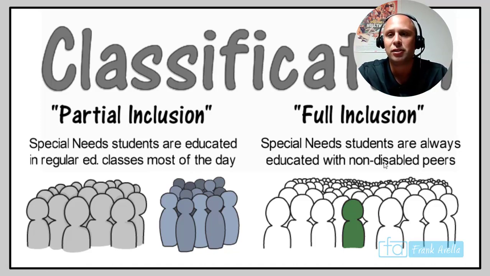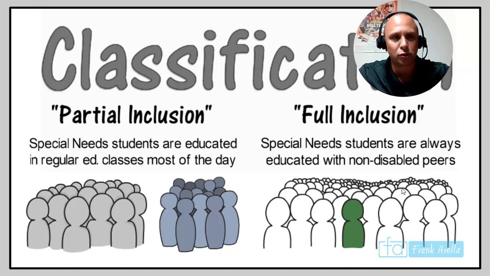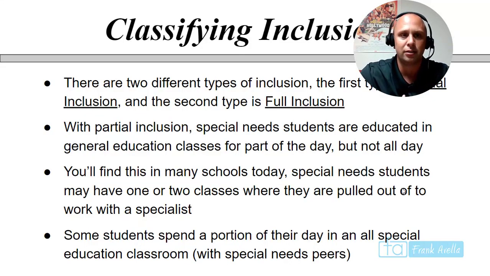If special needs students are always with non-disabled peers, then it's full. Partial is like maybe just one resource room, and the rest is general ed, whereas full inclusion is all general ed and all with non-disabled peers.